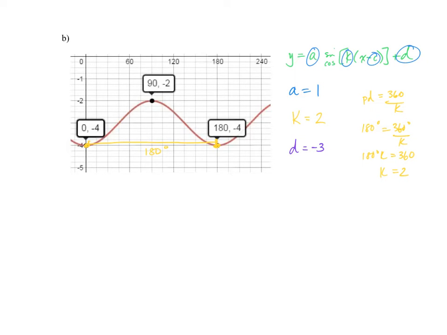Okay, we're back. As I'm working my way through this, I should look at where the beginning of my curve is. The beginning of my curve starts at a bottom. None of my trig curves start at a bottom.